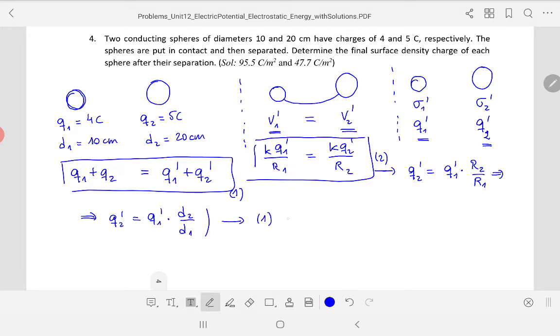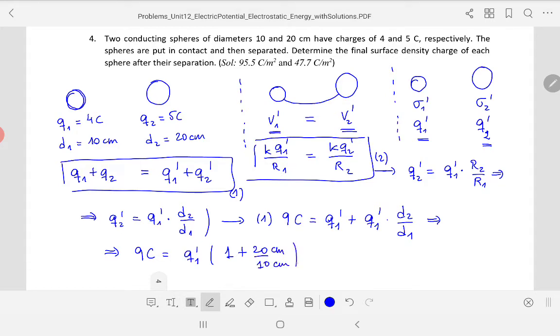And this we can use in expression 1. So in 1 we have that the total amount of charge, which is 9 coulombs, has to be equal to Q1 prime plus Q1 prime times D2 over D1. So 9 coulombs should be equal to Q1 prime times 1 plus 20 centimeters divided by 10 centimeters, which is 3 times Q1 prime.